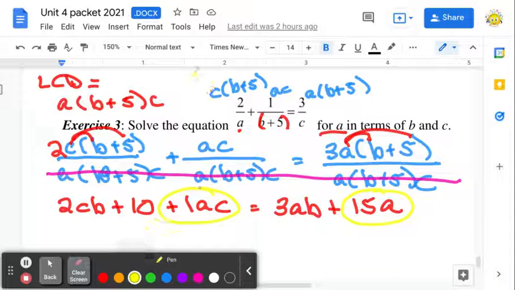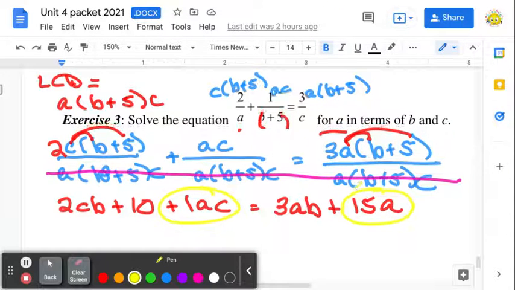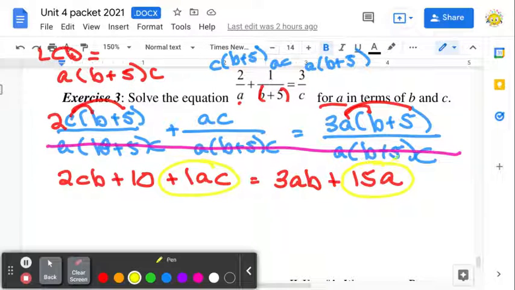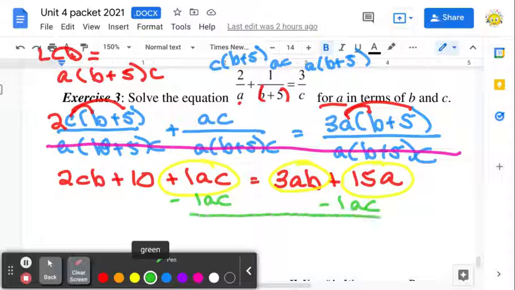Here's an A term. So I'm going to move my A terms to the right side of the equation. Oh wait, shoot, I've got another one here. Okay, so I'm just going to move this guy over. Really easy to miss something, huh?